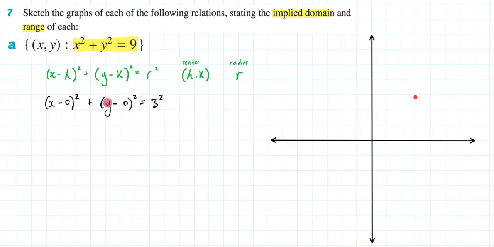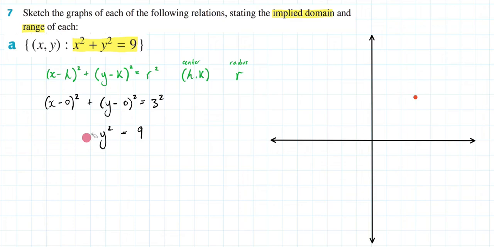Hopefully you can recognize that this and this is the same, because x minus 0 is simply going to be x squared, y minus 0 will simply be y squared, and 3 squared is 9. So as you can see, this and this is the same.